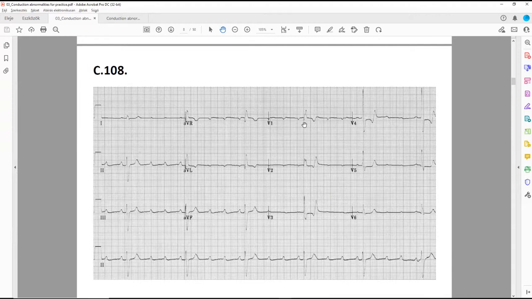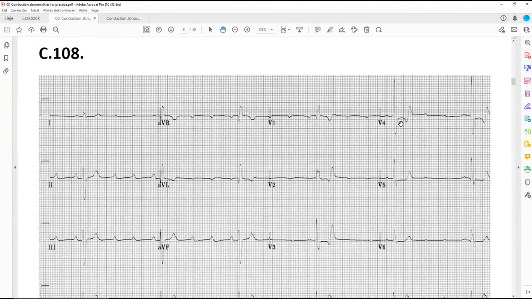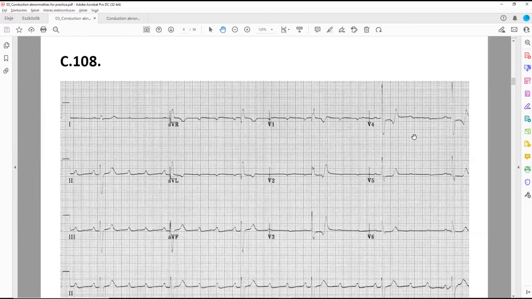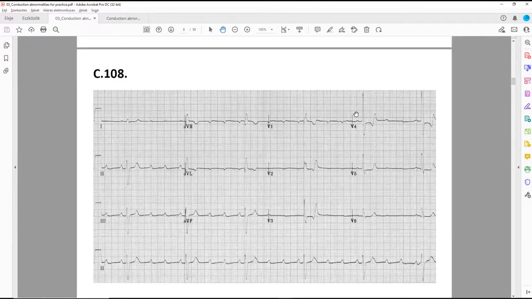As you see here, the last part of the QRS is wider. This is why it's a right bundle branch block plus left anterior hemiblock. That's a bifascicular block and a 4 to 1 AV block, a high degree AV block.